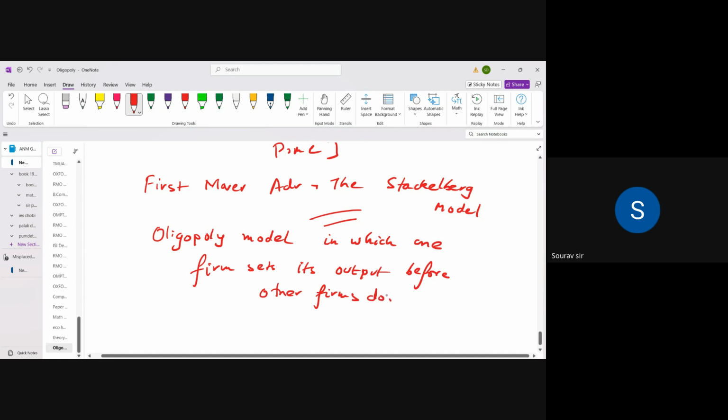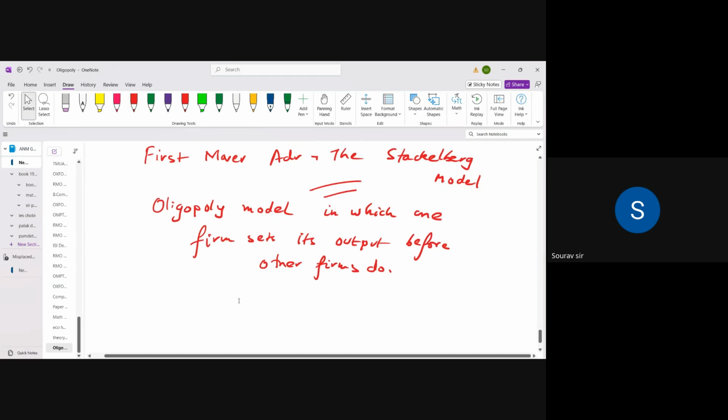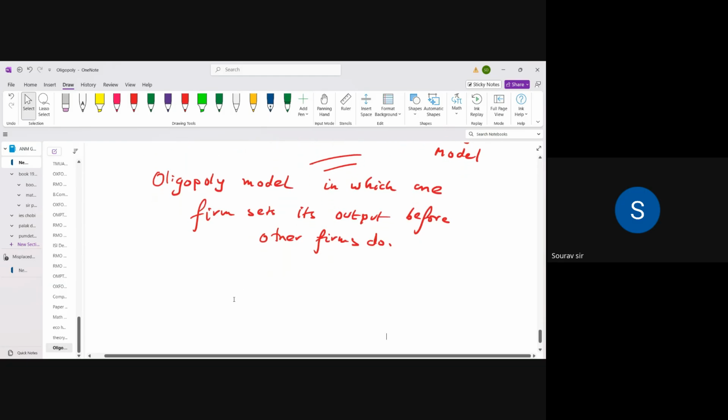Assume there are two duopolists who are making their output decision at the same time. Now let's see what happens if one of the firms can set its output first. Is it advantageous to go first? Many things will come into question.